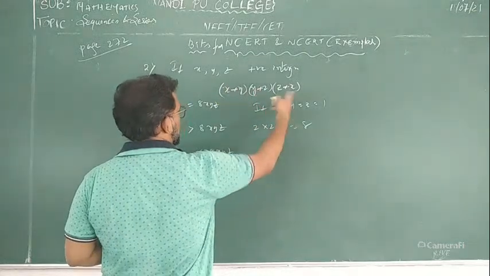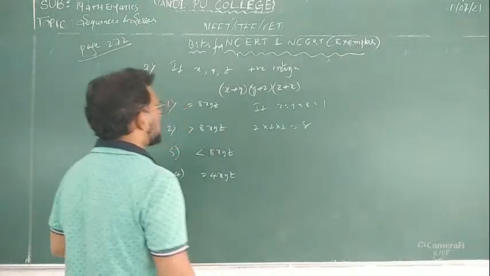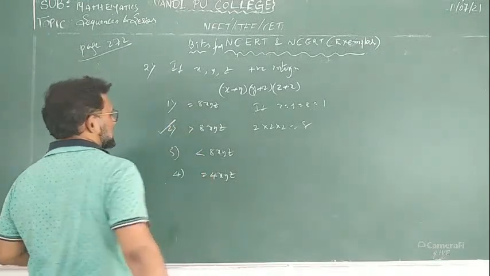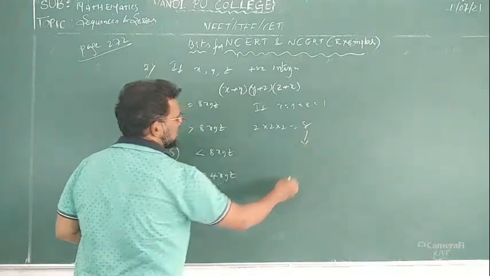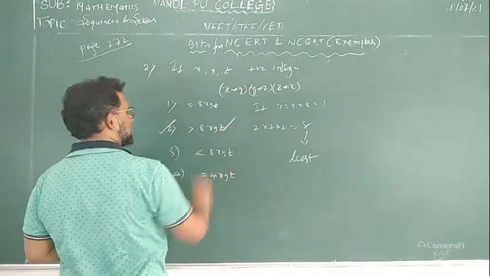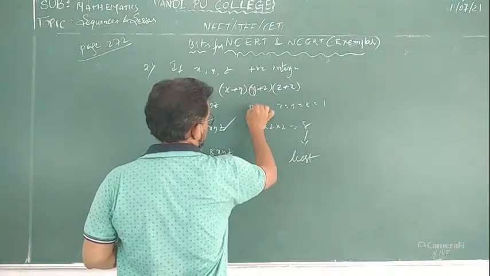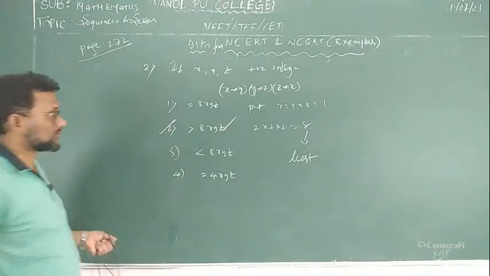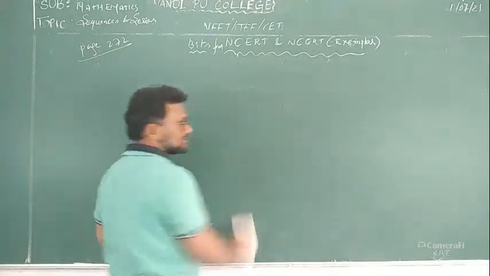If we take more than 1 and substitute it, then you will get more than 8, right? So this value is greater than this. Second option is the correct answer. So this is the least value, therefore this is the final. Second bit is the answer, by putting x equal to y equal to z equal to 1. Okay, now the second bit is also over.